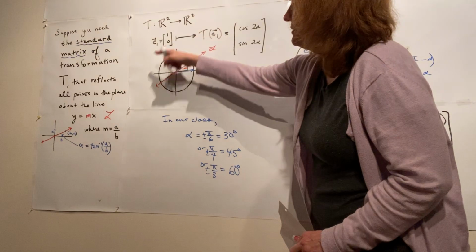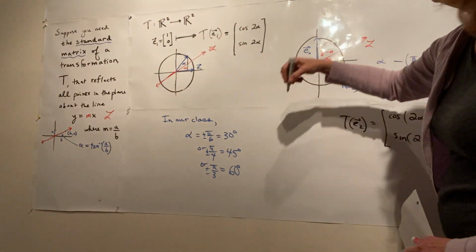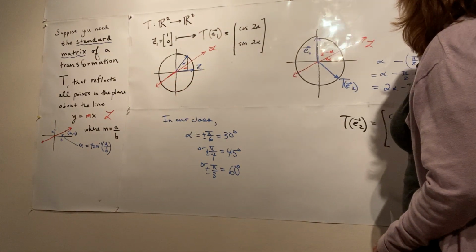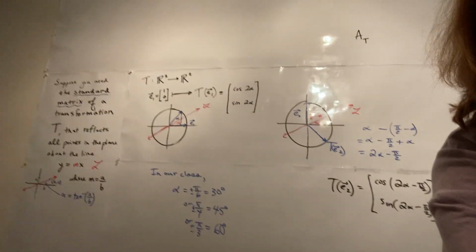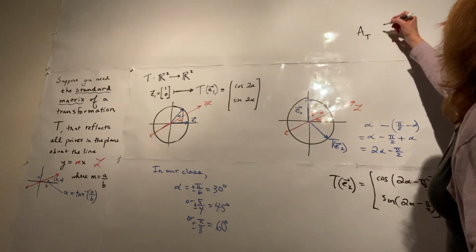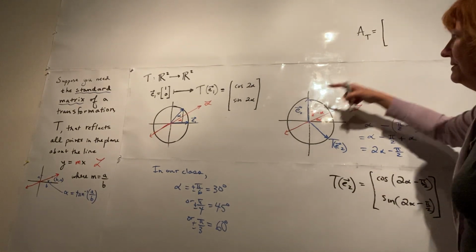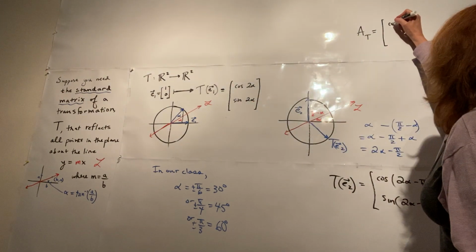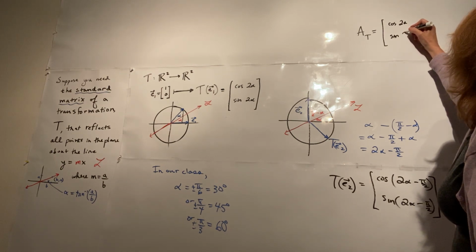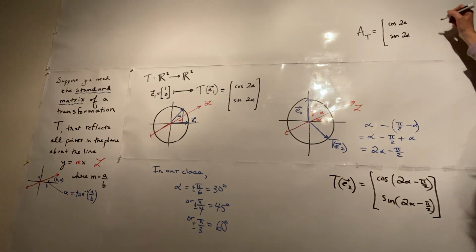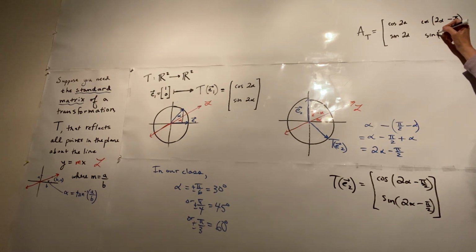If T is this transformation that's reflecting about the line y equal to mx, then A sub T is going to be T of e1, which is cosine twice alpha, sine twice alpha, and T of e2, cosine twice alpha minus pi over 2, sine twice alpha minus pi over 2.